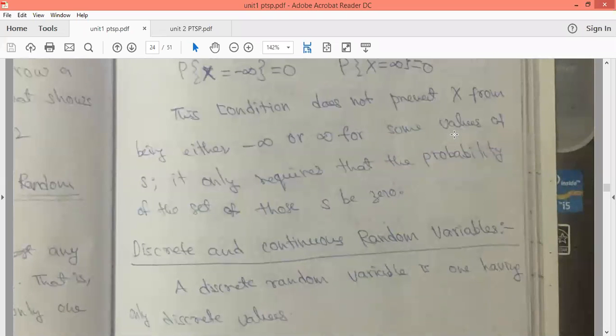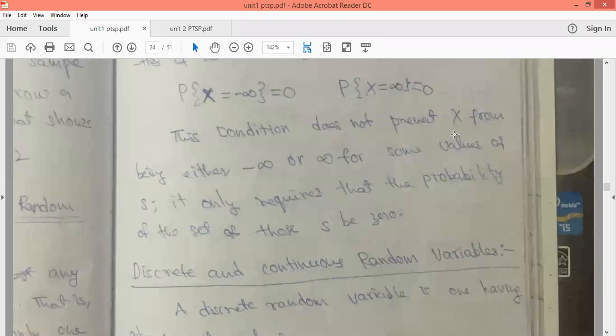So these are the three conditions. The first condition is that the random variable should be a single valued function. The second condition is that the number of elements in the random variable should be less than or equal to x only; it should not exceed that value.